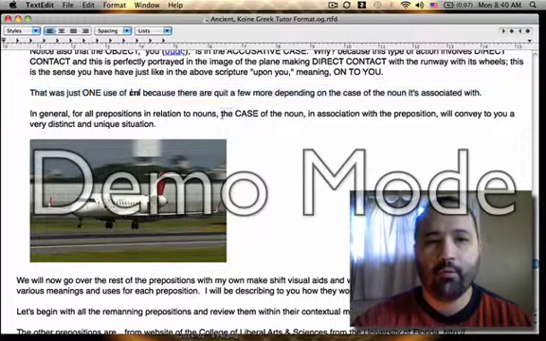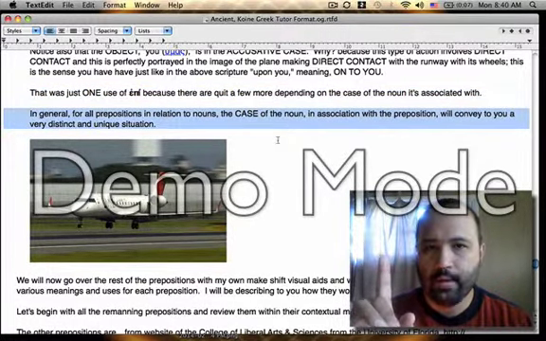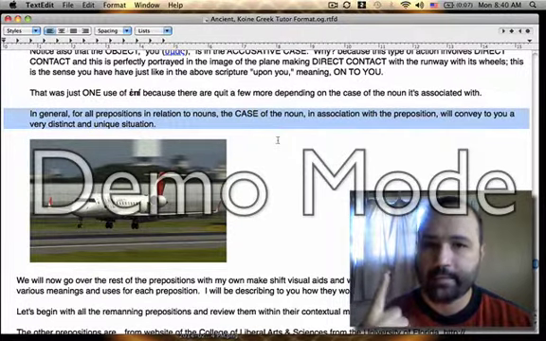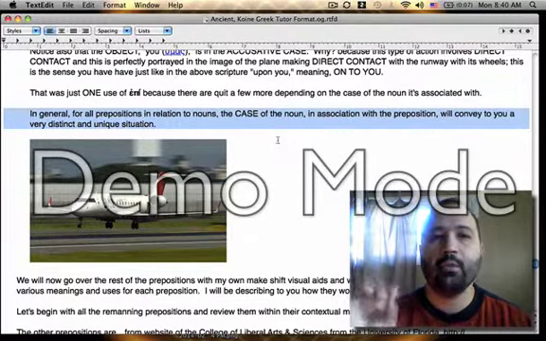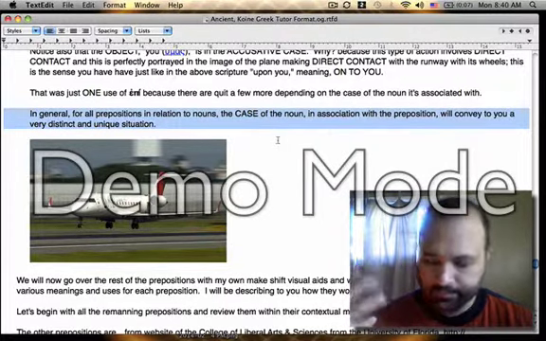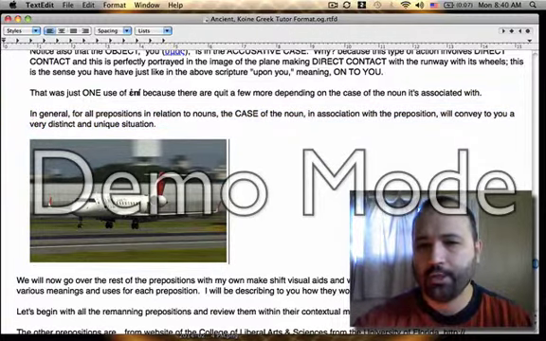In general, for all prepositions in relation to nouns, the case of the noun in association with the preposition will convey to you a very distinct and unique meaning and situation.